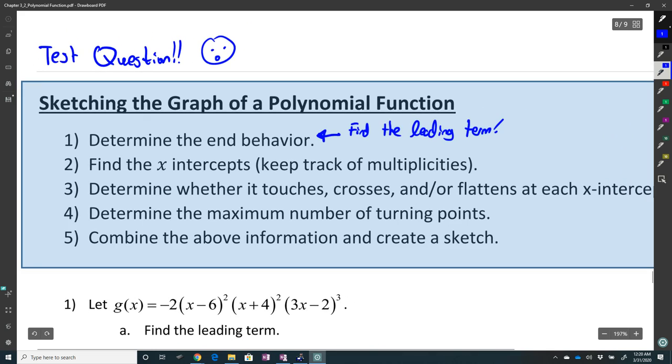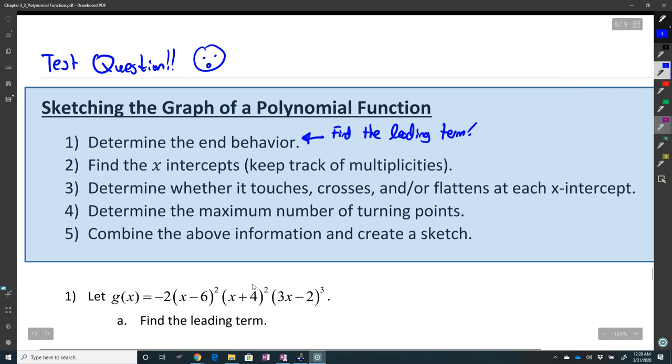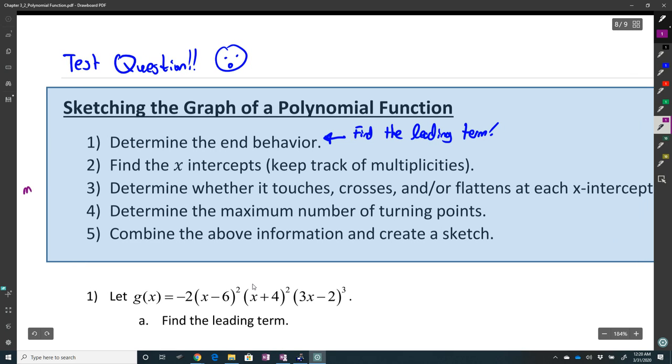Determine where it touches, crosses, or flattens at each x-intercept. And so all that is the multiplicity. Determine the maximum number of turning points. That's what we did on the previous page. And then combine all the information to create a sketch.